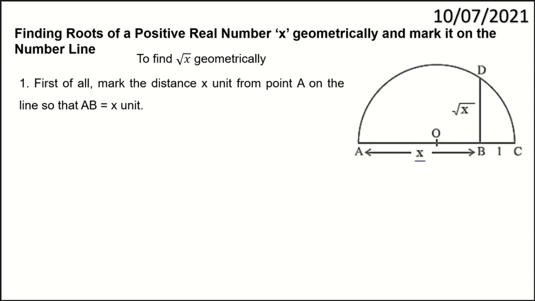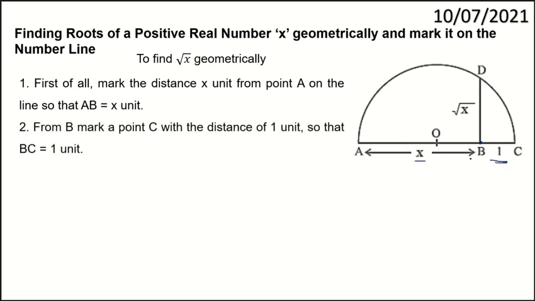Later this line segment AB, from A to B, which is of x units, is extended by one more unit, that is, from B mark a point C with the distance of 1 unit, so that BC is 1 unit.